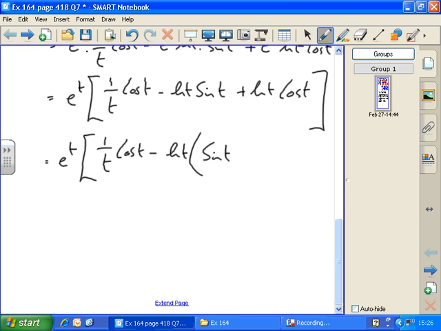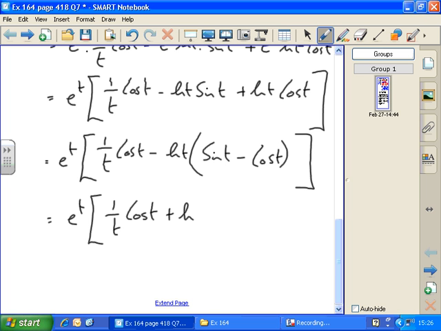Got to be a bit careful, because now we have to say minus cos t, so that when I multiply back out, I get minus log t times minus cos t, which is plus log t cos t. The other way to do it, which is probably what they've done in the text, is plus log t and then swap these two functions inside: cos t minus sin t. If you multiply that out, you'll check that too gives the right answer. So quite an awkward rearrangement.